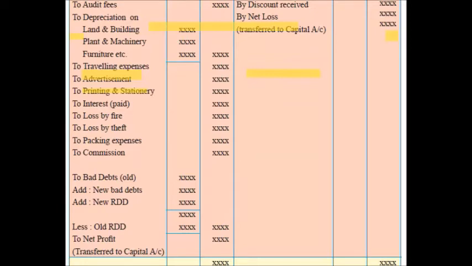All these entries will come under the debit side of the profit and loss account. So how do we get the net profit? This net profit will transfer to the capital account when the credit amount is greater than the debit amount.